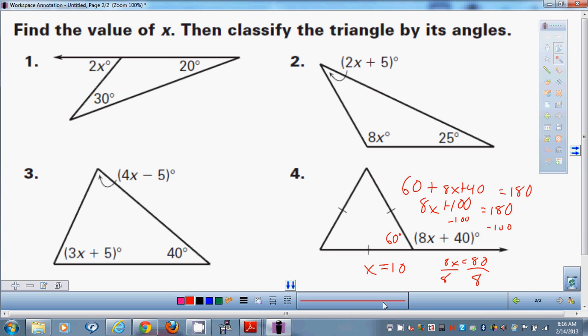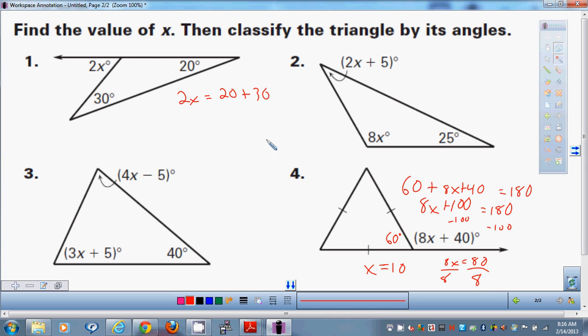The reason we're not going to solve it like that is because what if tomorrow on your test, instead of giving you 20 and 30, they give you like 2x and 6x? Well, you can't just subtract those from 180. So the other way to solve an exterior angle problem is set that exterior angle equal to the sum of the other two interior angles.